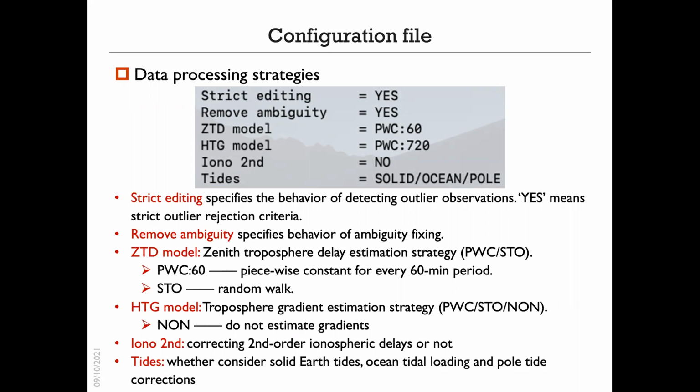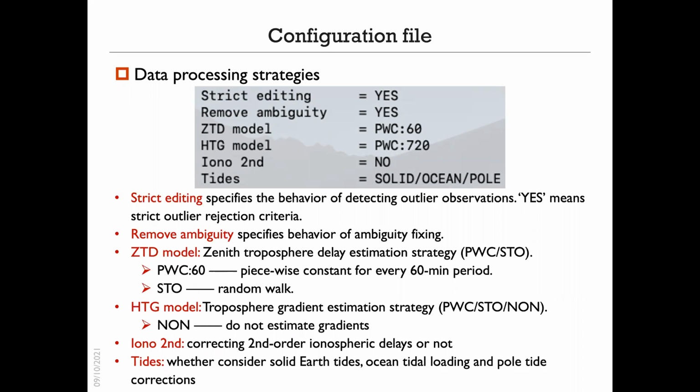And then the estimation of horizontal gradients doesn't make sense, I think. So you can just turn it off here. Troposphere gradient estimation is normally useful for 24-hour static data processing. It's not for kinematic ones or some moving platforms.